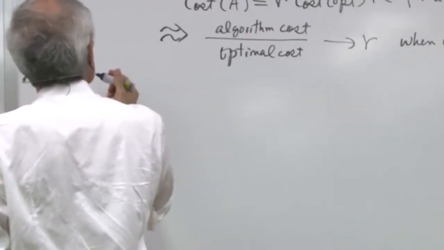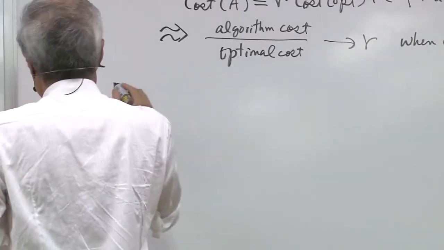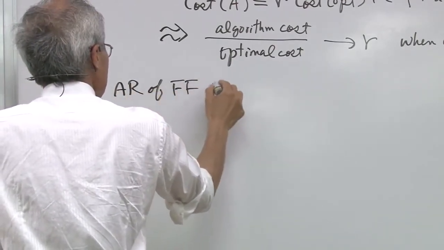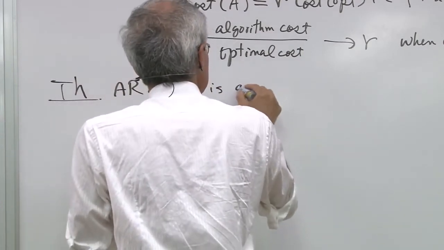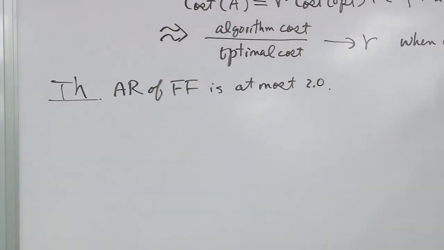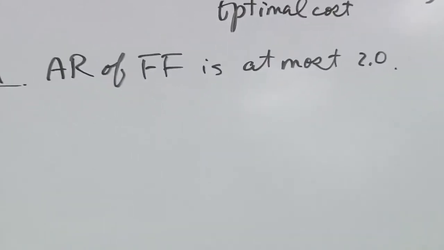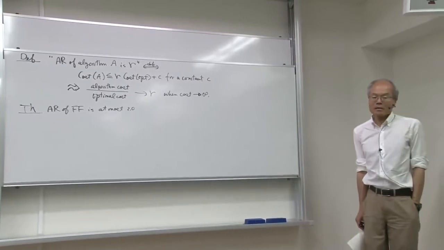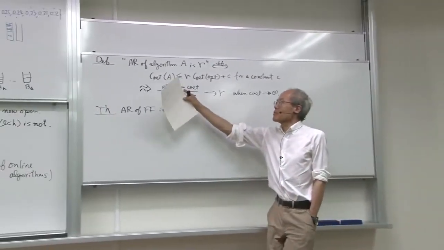Now, theorem. Our algorithm, first fit, has an approximation ratio of at most 2.0. That means this value is at most 2.0.